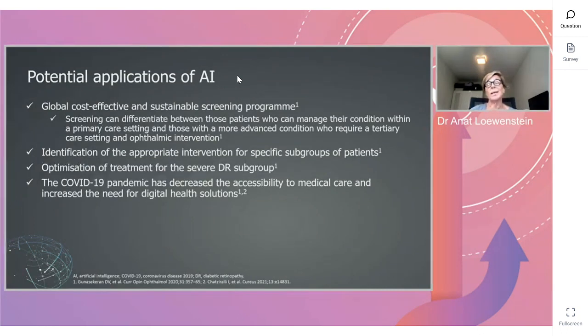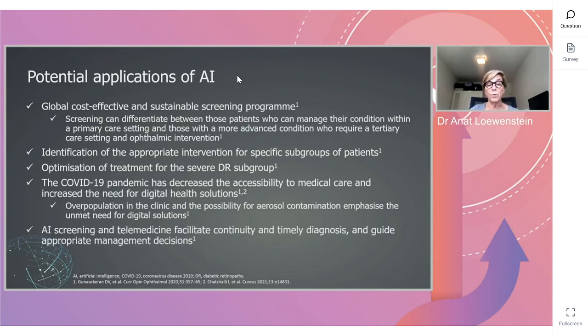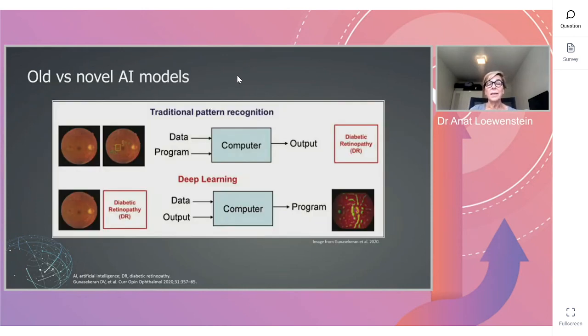And we know that in cases such as happened during the pandemic and after and until now, they can help us choose the patients that really need to come to be examined and treated by the tertiary referral center, as compared to patients that can be treated or managed without coming to the tertiary referral center. It will also avoid the overpopulation in the clinic.